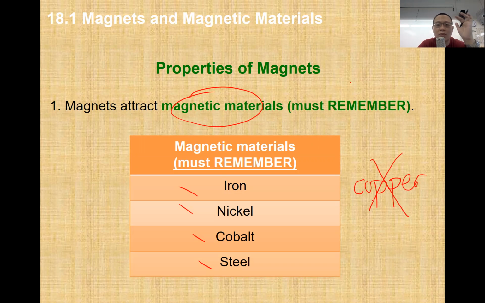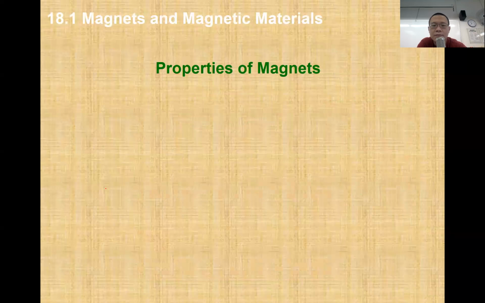Copper is one of the things that we actually strike out here. It cannot be used for a magnet. The reason why it cannot be used for a magnet will be touched on later. So as a starter, take note of the 4 materials, 4 metals, that we can use to make magnetic material.